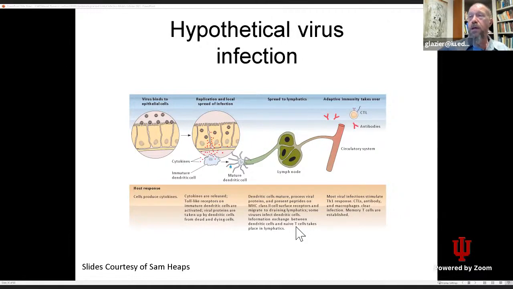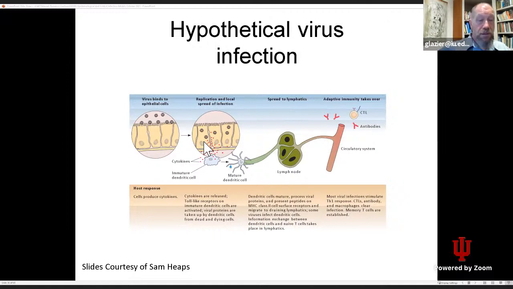When we think about viral infection, we first have to have the virus get into our cells. So here we have a picture of some kind of epithelium. Those could be in the lungs. So these are cells in the lungs. You see the virus binding to the top surfaces of those cells. This could be the lining of the gut too, or the skin. Once the viruses have entered the cells, they're going to begin to reproduce.